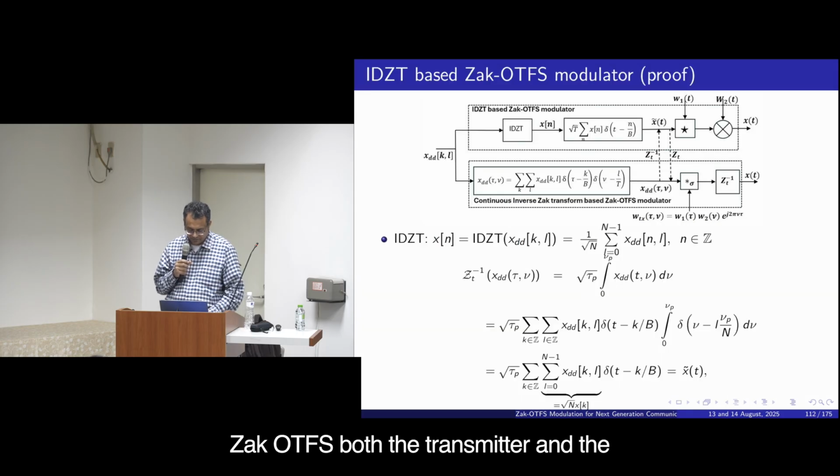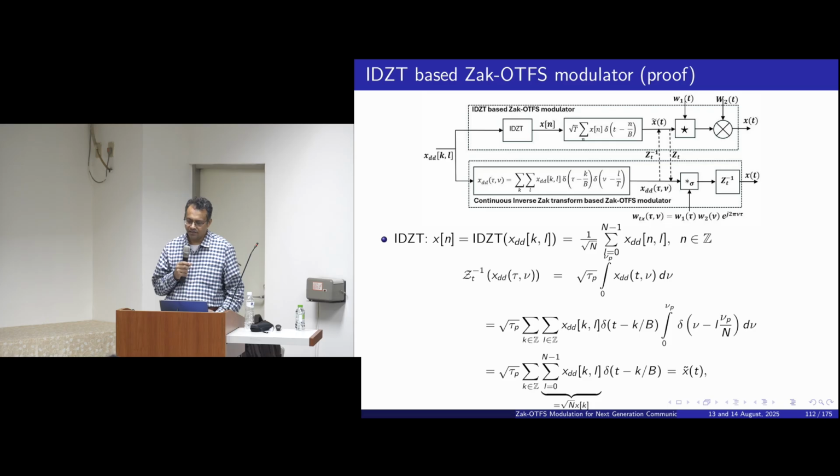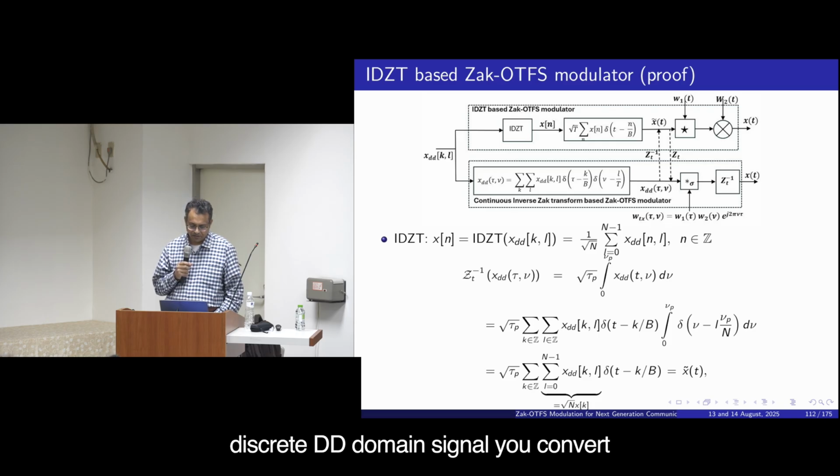ZAC OTFS, both the transmitter and the receiver, using discrete signal processing. At the transmitter you take your discrete DD domain signal, convert it to a discrete time signal using the inverse DZT, and then do your pulse shaping.